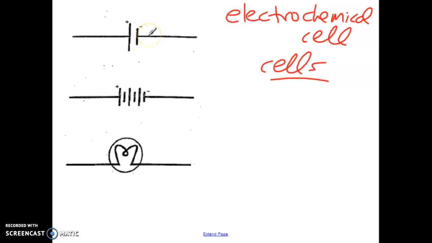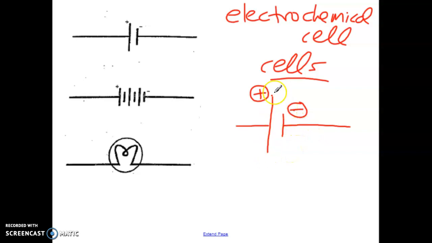What a cell looks like is essentially a set of lines, okay? Every cell has one big line and one little line. Okay, the little lines always represent the negative terminal of the battery. The long line represents the positive terminal of the battery.